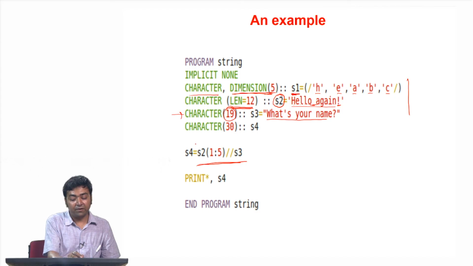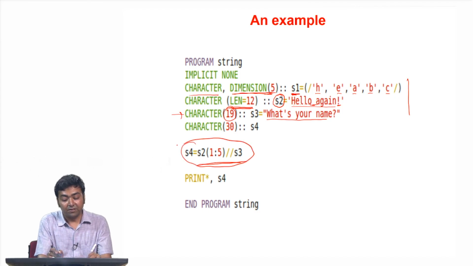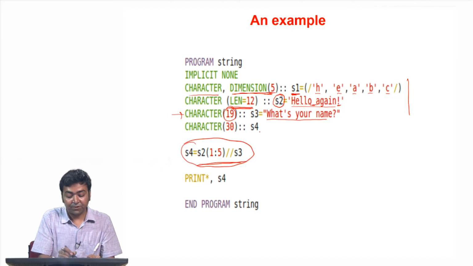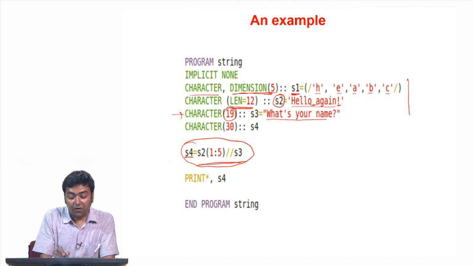So, what I am doing in this statement is, from the S2 array, I am creating a new array S4 which is assigned the following values. From the S2 array, that is from these letters written here, I take number 1 to 5, so basically 1, 2, 3, 4, 5.